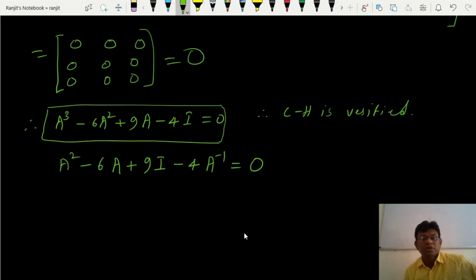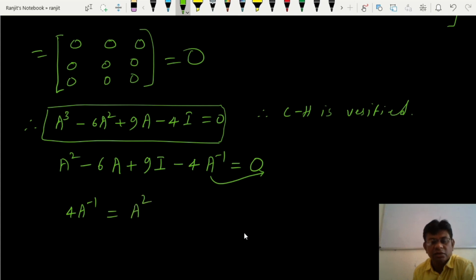Therefore, now this minus 4 A inverse, the answer is 4 times A inverse is equal to A square minus 6 times A plus 9 times I.